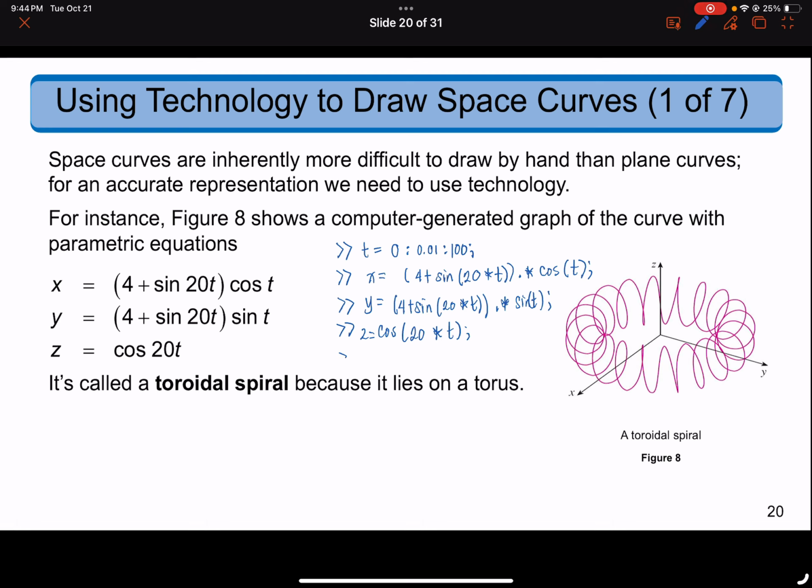And then to graph this, we can plot it in 3D space with the components x, y, and z. Running this would generate a space curve somewhat similar to the one in the figure.